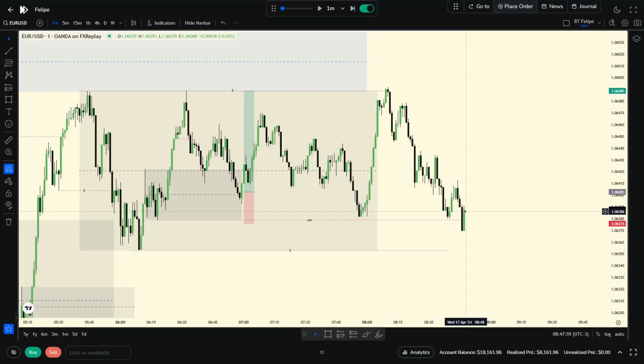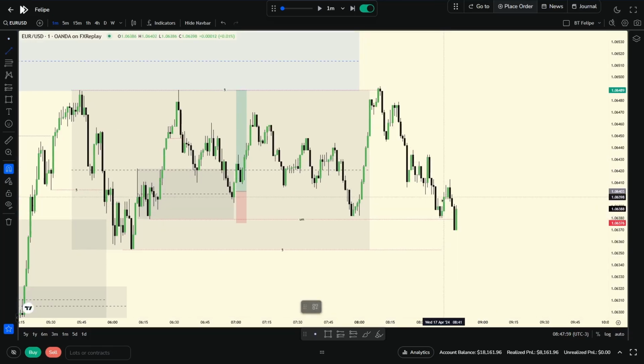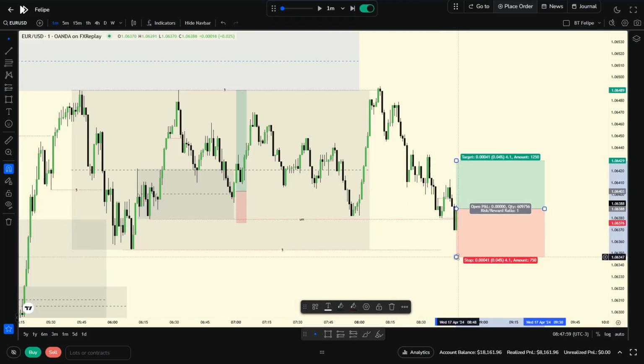Can I long here? There was this manipulation. Came up, broke, came up, and broke. This was the inverse, tapping the mitigated, the last liquidity.